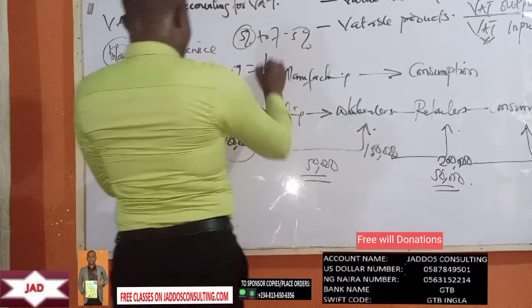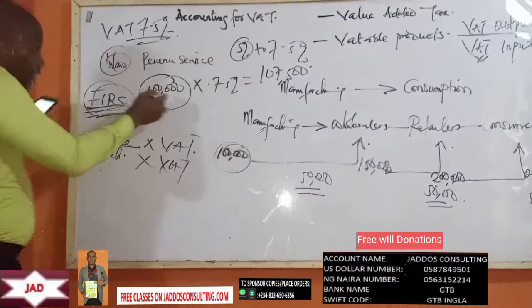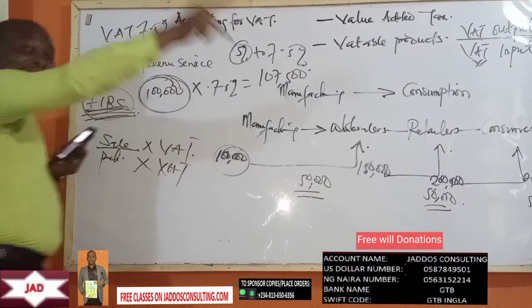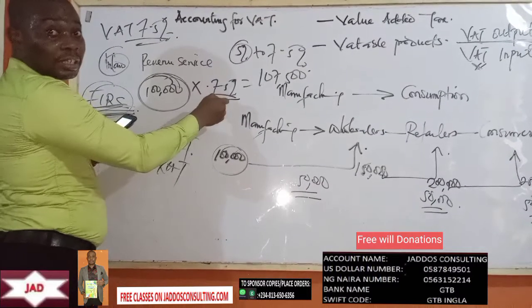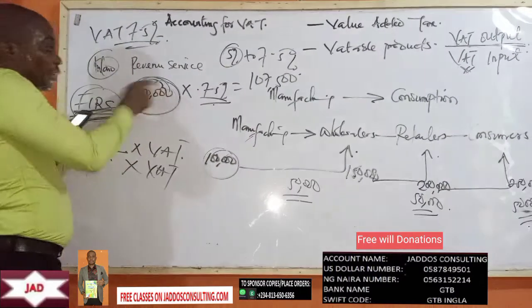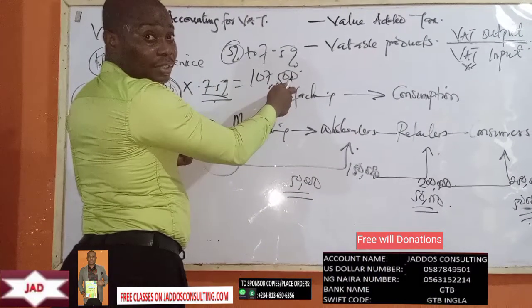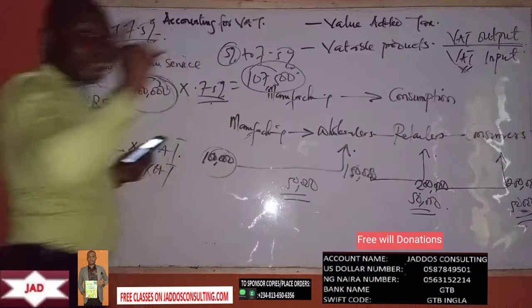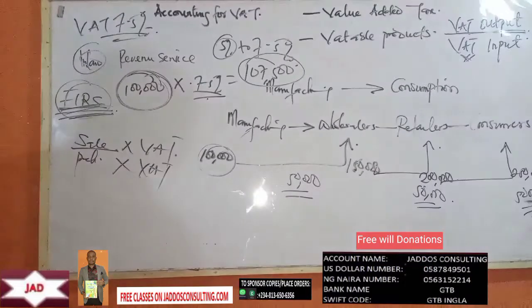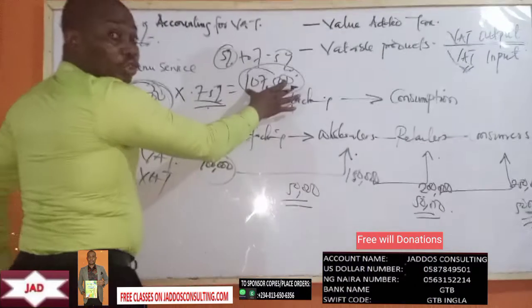So I'm going to pay 107,500. The purchase is meant to be 100,000, but the guy selling to you is applying 7.5%, so you're not paying 100,000, you're paying 107,500. This 107,500 is the total cost you're paying for the product.